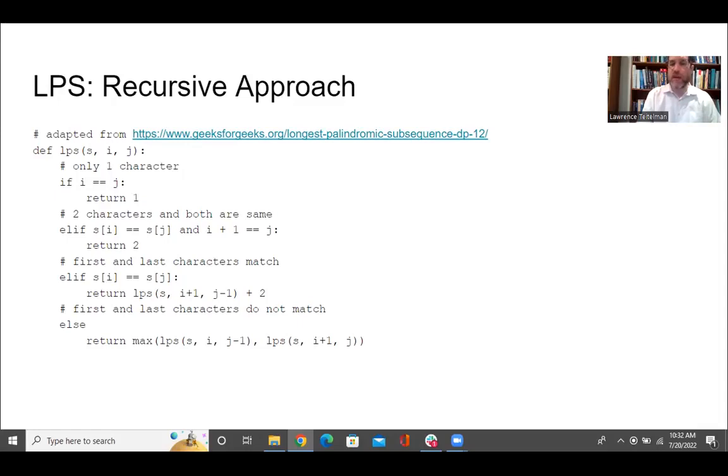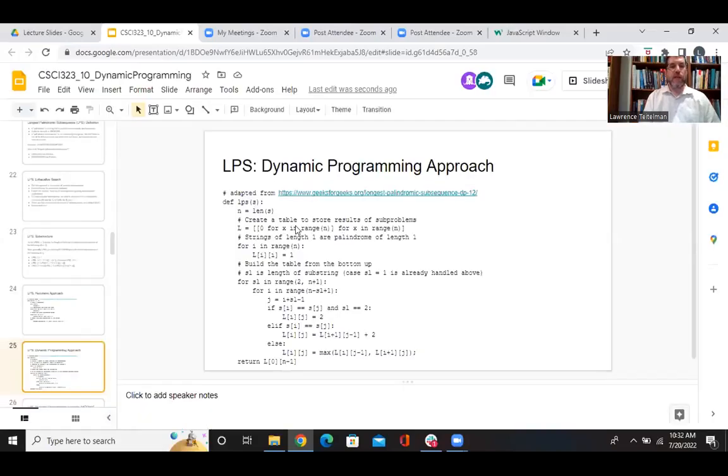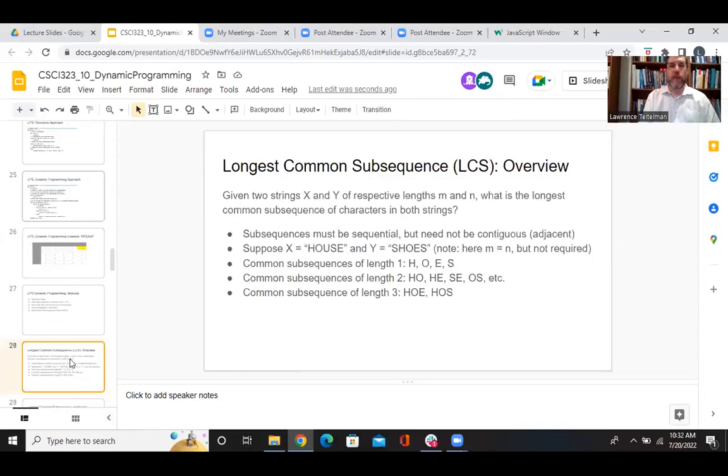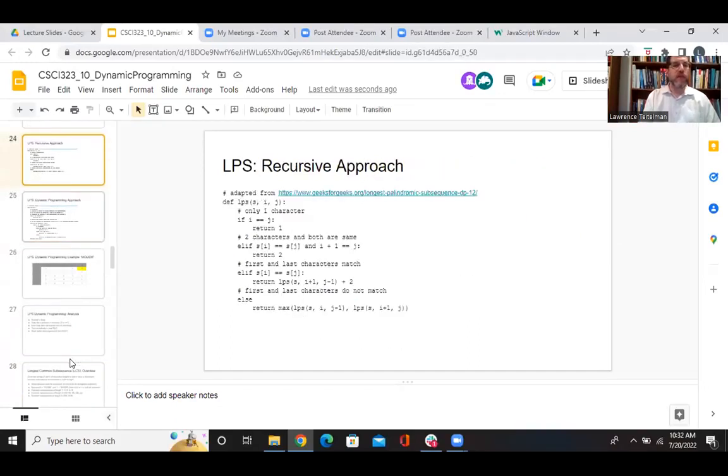Instead of writing it in the chat, let's write it in the slide itself. Do I have an analysis here? No. Okay, so let's do an analysis here.